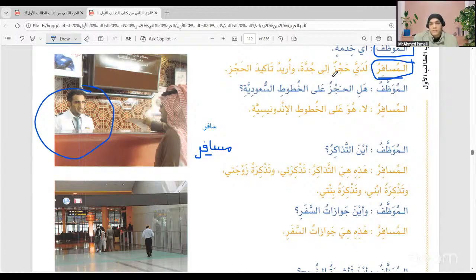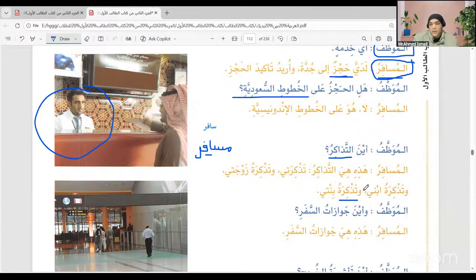We spoke before about the word حجز, to book a ticket, and of course we know أريد, which means I want. We have the word خطوط السعودية, the Saudi lines. We also spoke about التذاكر, tickets, and we said تذكرة is a ticket, just one ticket.